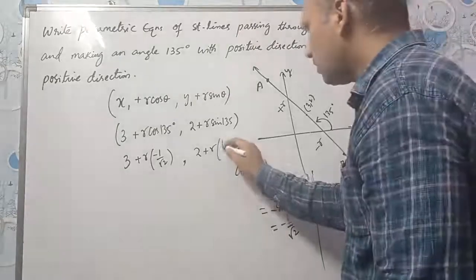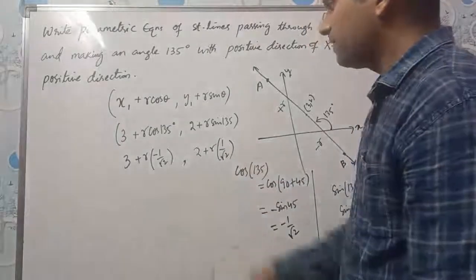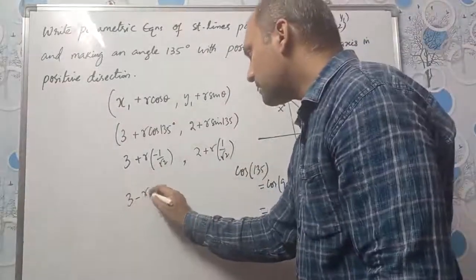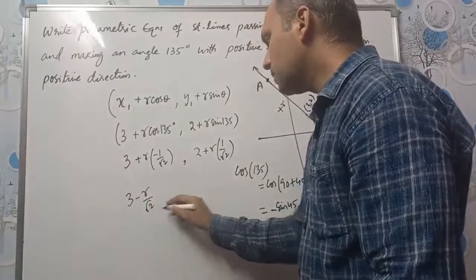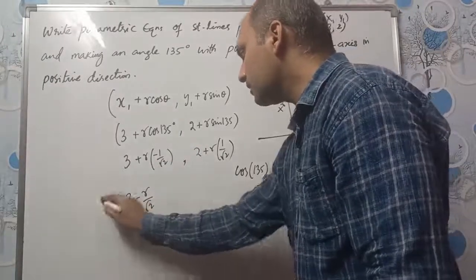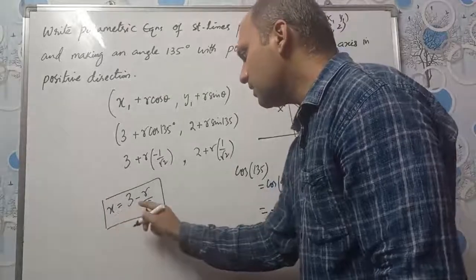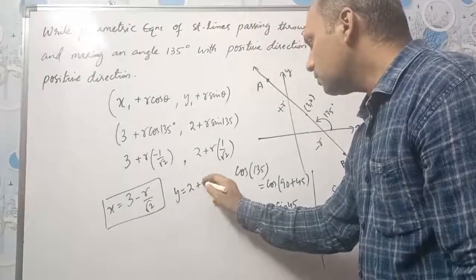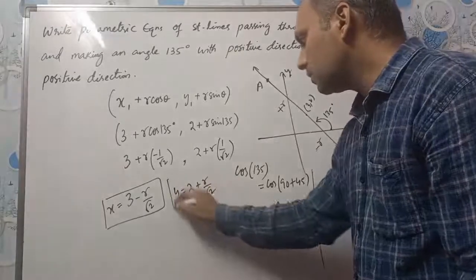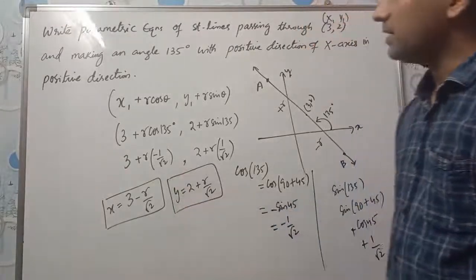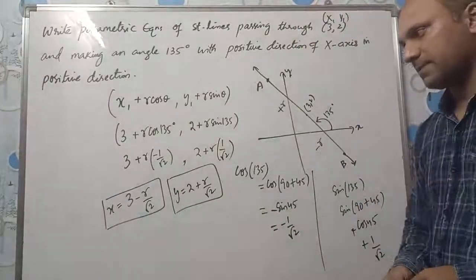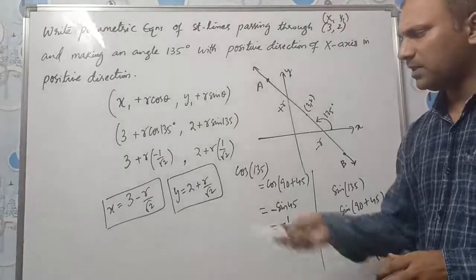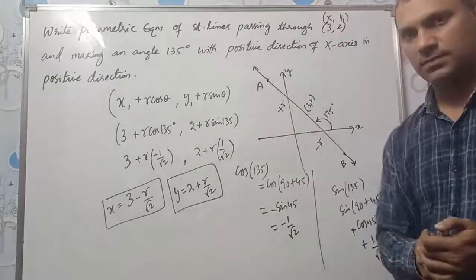So the x value is 3 minus r by root 2, and the y value is 2 plus r by root 2. So these are the parametric equations of the straight line. The parametric form will look like that.